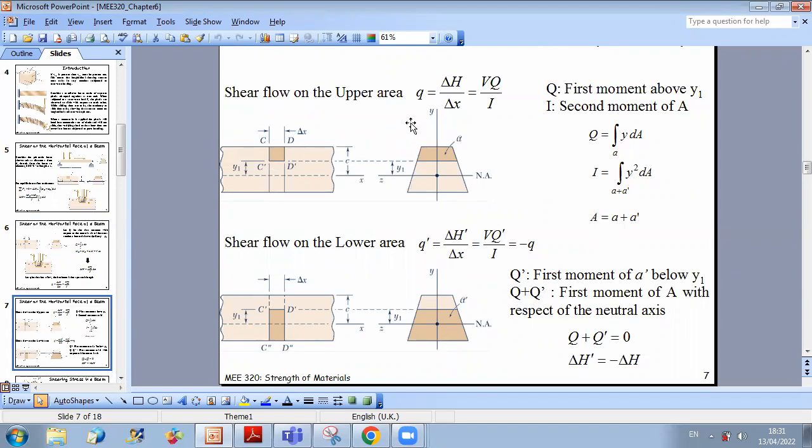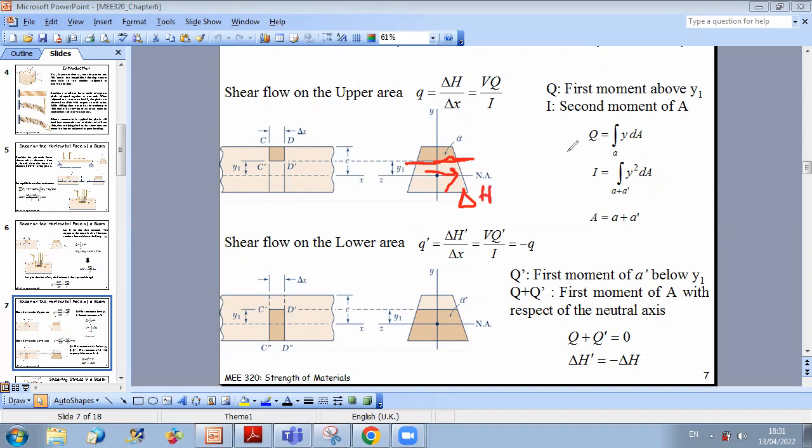Now, whenever I want to calculate the shear flow, I can demonstrate that the shear flow on the upper area is equal in magnitude but opposite in direction to the shear flow on the lower area. Why? Because if you do a cut at this level, by action-reaction, let's say you have delta H in this direction on this part.